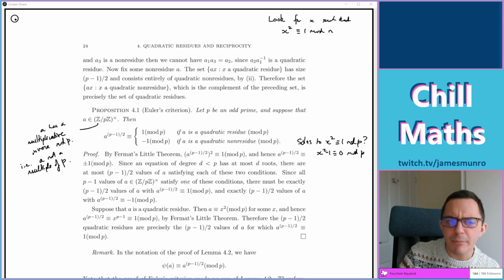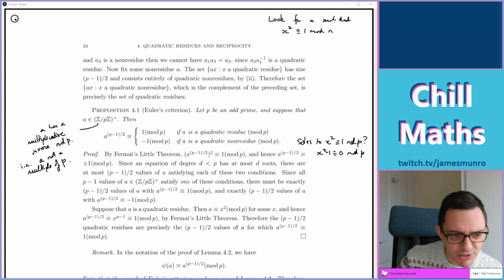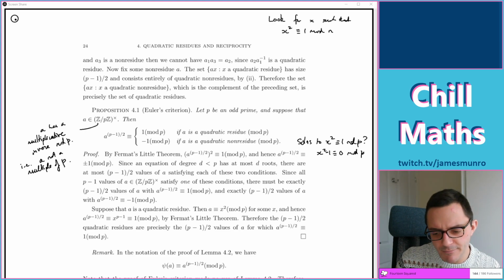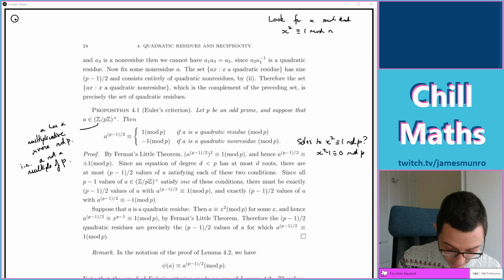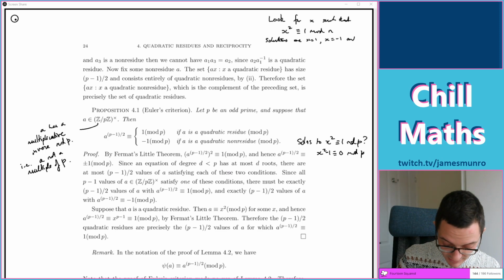We'll check things up to multiples of n, because obviously adding a multiple of n to x would give us something like 3 plus 2n, and then the n's mess around inside the squaring. There's a cross term, but those extra terms will be multiples of n anyway. So when you're solving things like this, you tend to just solve them up to multiples of n. You might think that the solutions are x equals 1, x equals minus 1, I guess 1 more or 1 less than a multiple of n, and maybe more stuff.